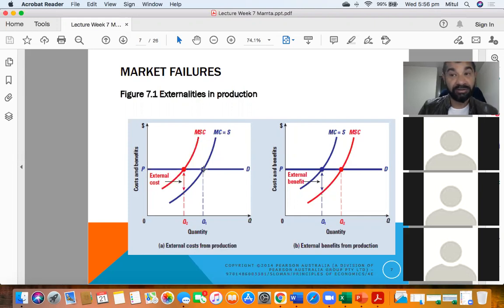But because this has some negative externalities, we should produce less and consume less. So actually our production should be here because it has some marginal social cost. So production and consumption should not be at Q1, it should be at Q2.